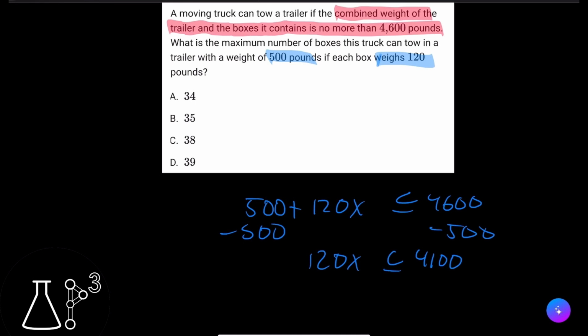So now what I have to do is figure out any number x that can be used, and when we plug it into the equation, I get a number that is less than 4,100, or that is equal to 4,100. I hope that makes sense.